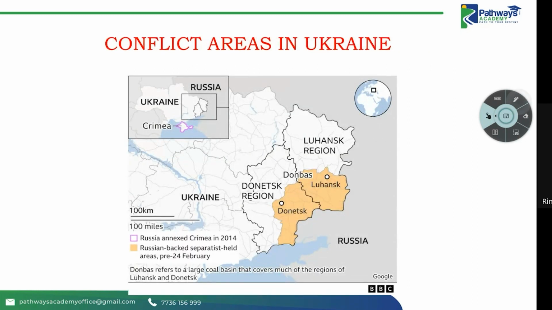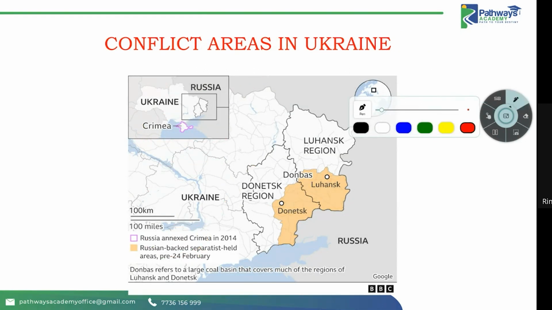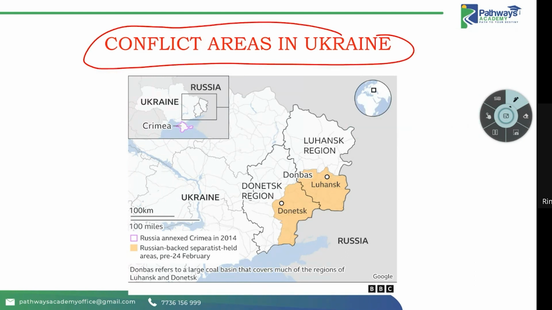Then about Ukraine, UPSC already asked about the conflicted areas in Ukraine. So please note them down. I don't know why, but from the 2022 UPSC onwards, UPSC is asking about conflicted areas in nations. If you notice the question papers of 2022 and 2023, you can see UPSC always asks about disputed territories.